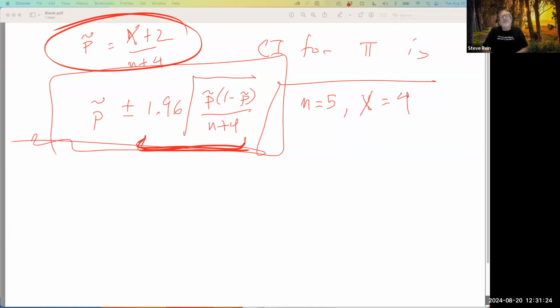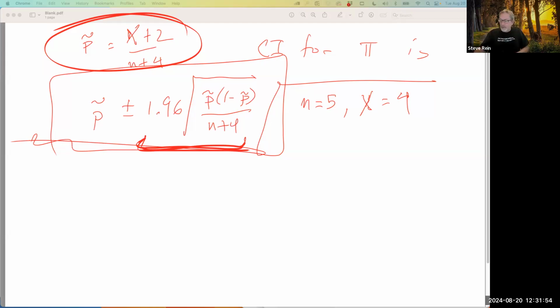Sometimes we say this method is the add 2 successes and 2 failures method. It's almost as though we flip the coin 5 times and pretend we had 2 extra heads and 2 extra tails. So let's pretend we had 9 flips. Like with Chef Morimoto, we've got 5 trials, he wins 4 of the events.